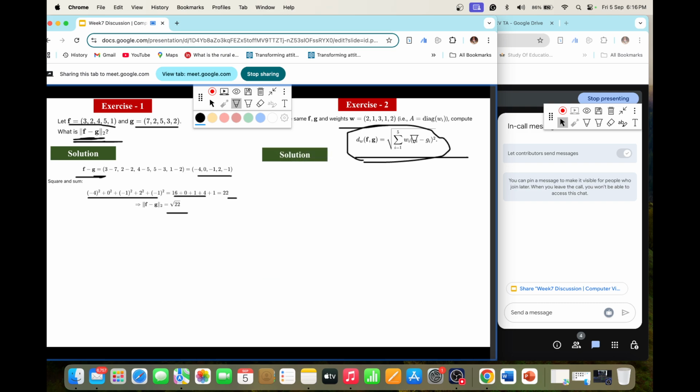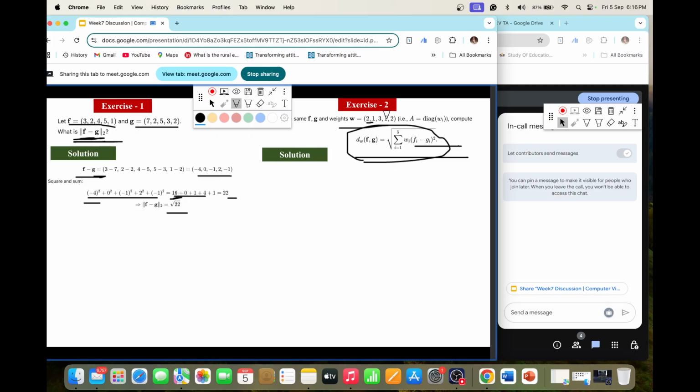We have already calculated fi minus gi. But now we multiply it by the corresponding weights. The weights given are 2 1 3 1 2. For example, (fi minus gi) square, first it is coming 16. Now with 16 we multiply 2, then with 0 we multiply 1, with 1 we multiply 3.